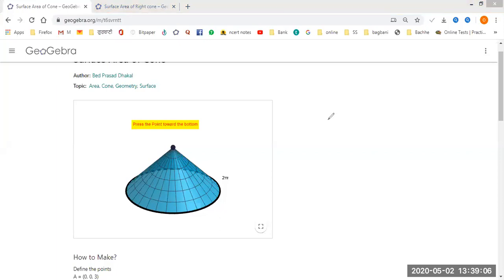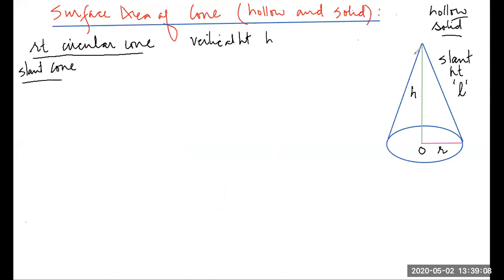All right, guys. So you see, I've shown you how I successfully divide this cone into so many triangles, and all the triangles are around this circle, and the circumference of the circle is 2 pi r. So what will be the area of an individual triangle? An individual triangle would be half into base into height.